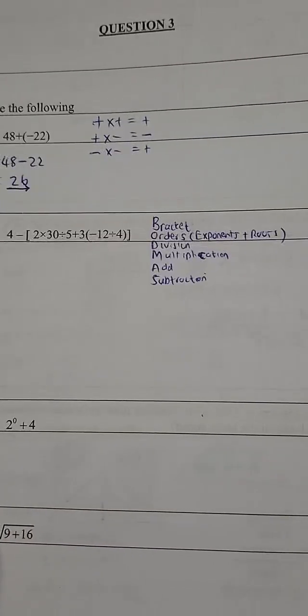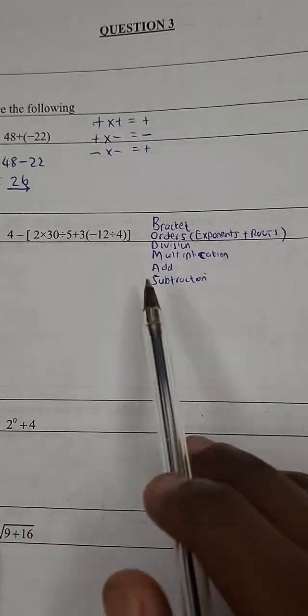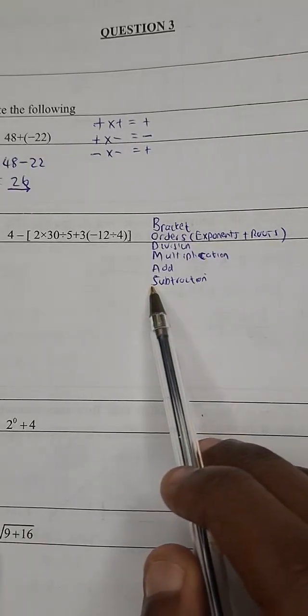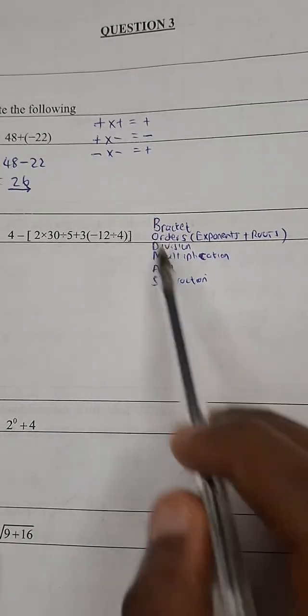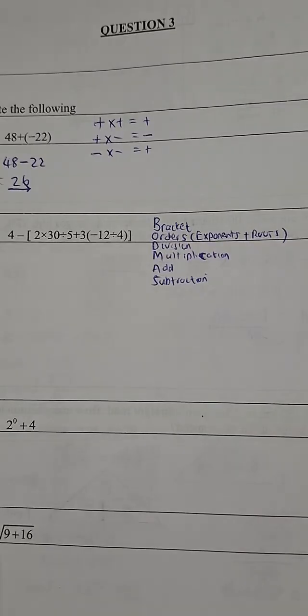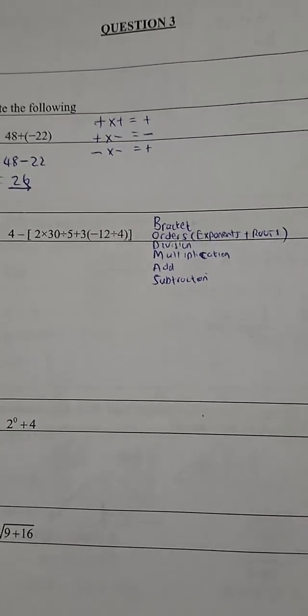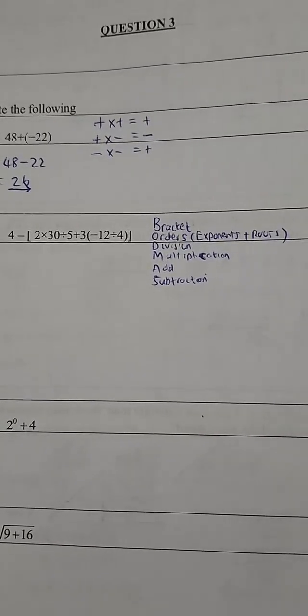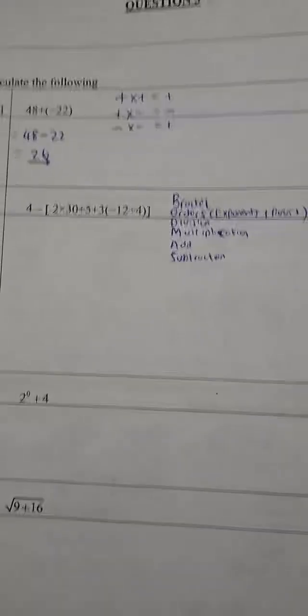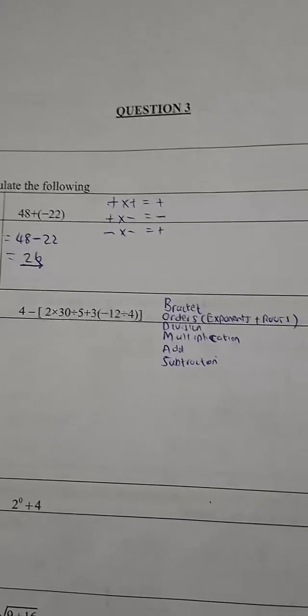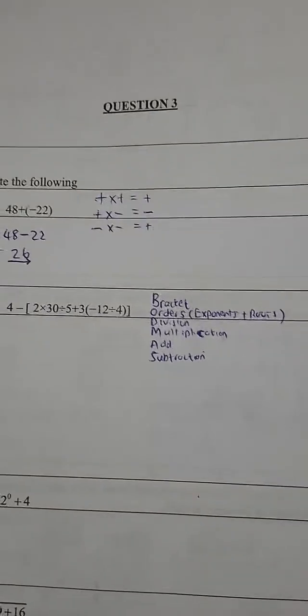It's a strict order. You don't deviate, you don't jump. Let's say you come to subtraction, but you have not done the above. Okay, so step by step, we need to see that you are applying Bodmes correctly.